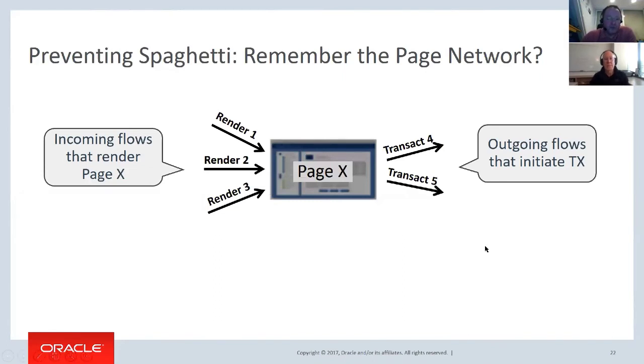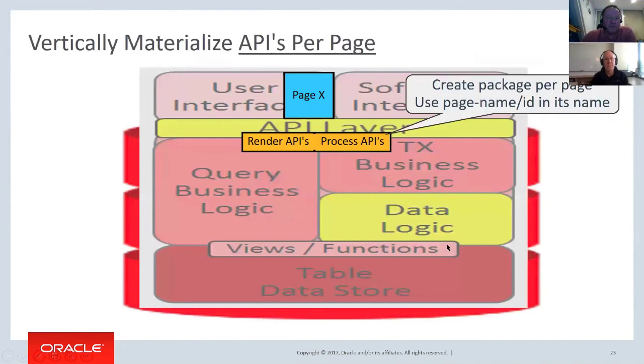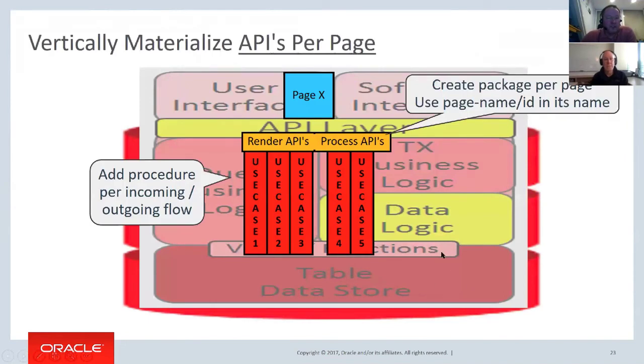So all code for a page, for me, could be consolidated in a single package. A single package that has all the render APIs, use cases, stored procedures, package procedures, and all the package procedures for the process APIs.